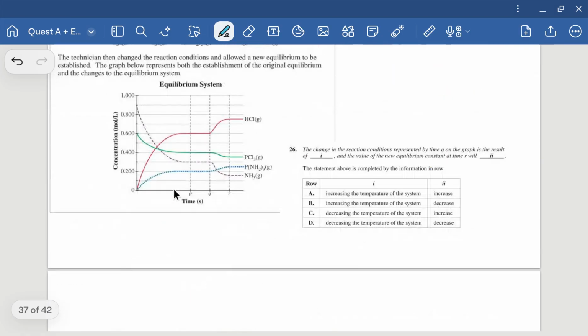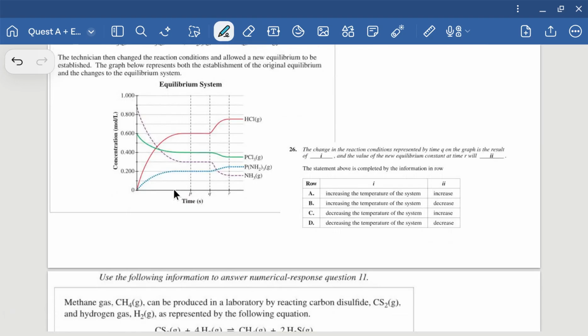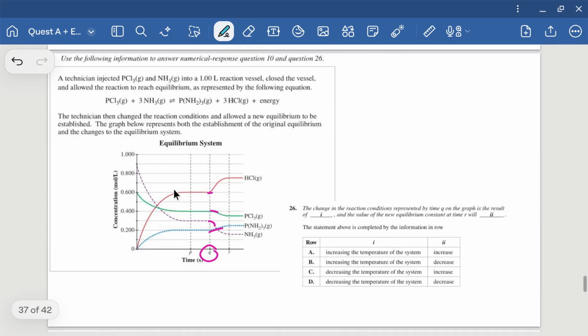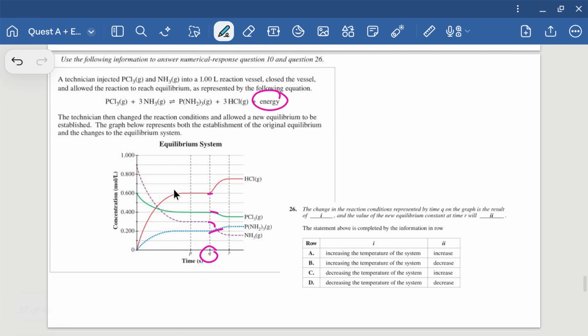Now, the next few questions we have, not this one, this is a theory question. This one, same graph, the change in the reaction conditions represented by the time Q, so Q being here, and we are not seeing any vertical lines, so it has to be a temperature change. And then we also know from the equation that energy is on the right-hand side, so it's exothermic. So then just seeing what's happening in here, the answer has to be C. You are decreasing the temperature because you're moving to the product side.